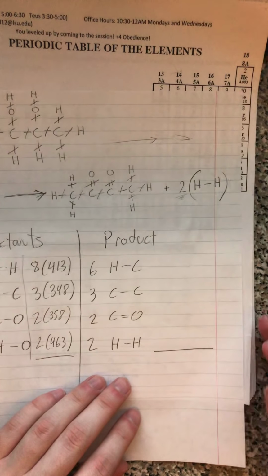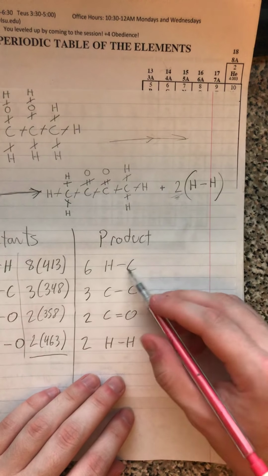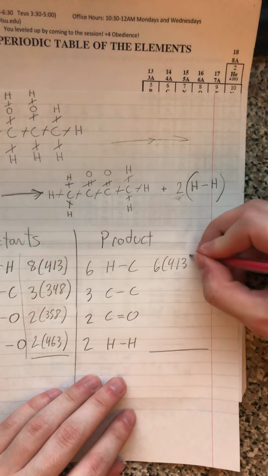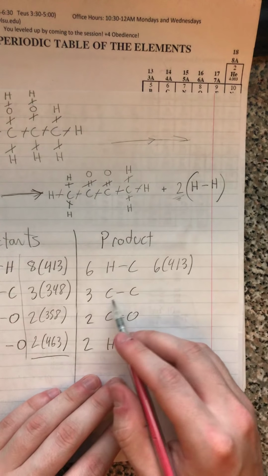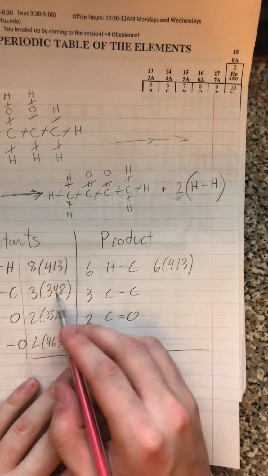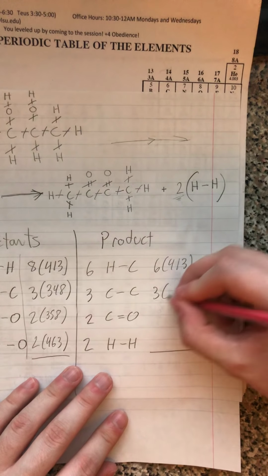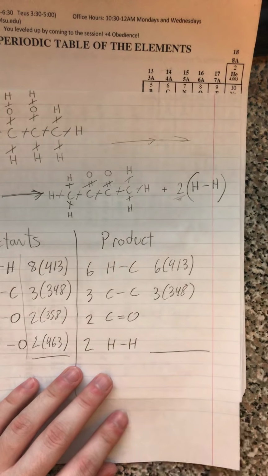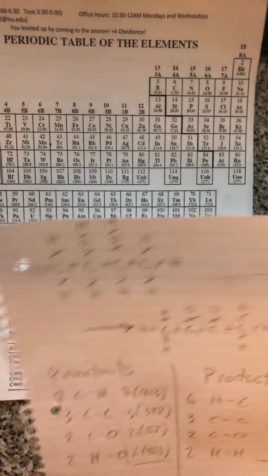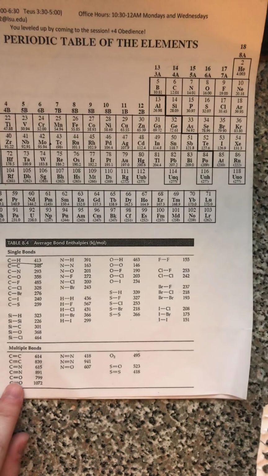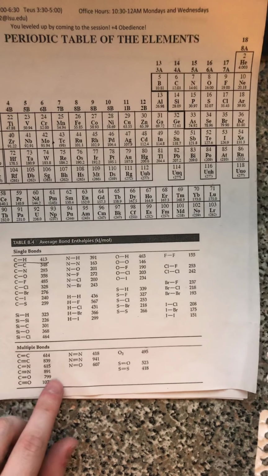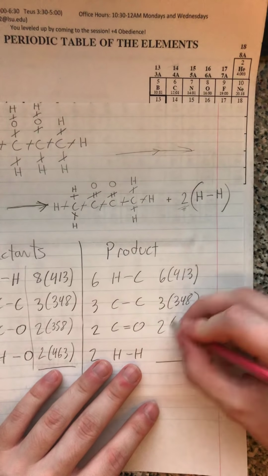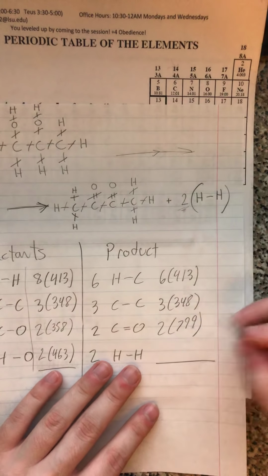Okay. Then for the products, H to C was 413, so 6 times 413. And then carbon to carbon, we said was 348, so 3 times 348. Then C to O double bond, that is down here, 799, so 2 times 799.